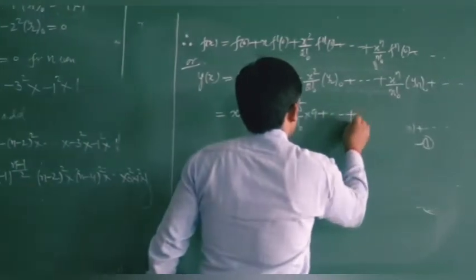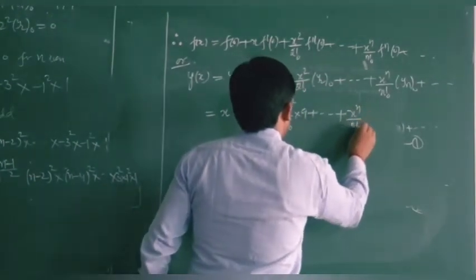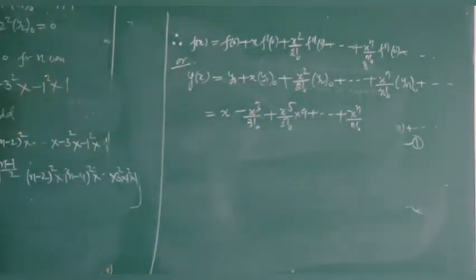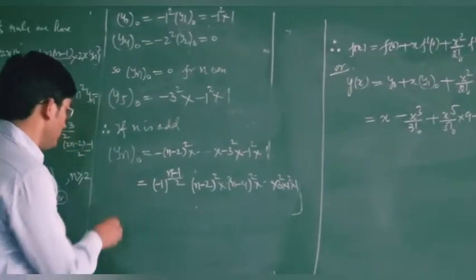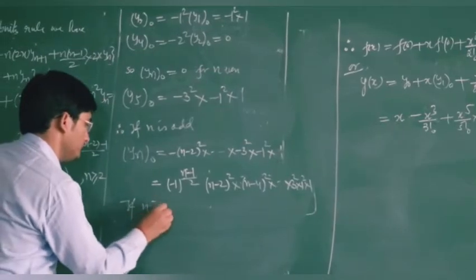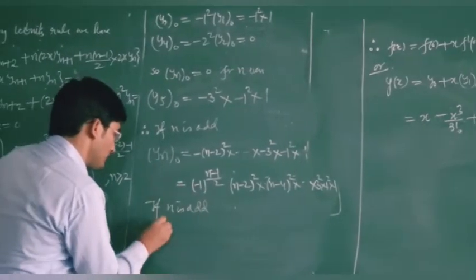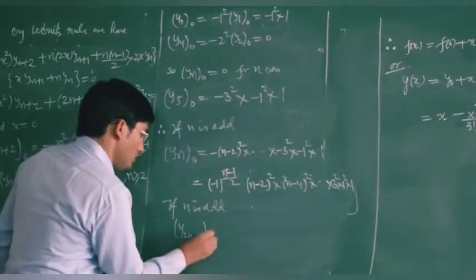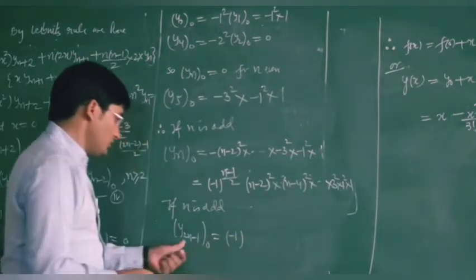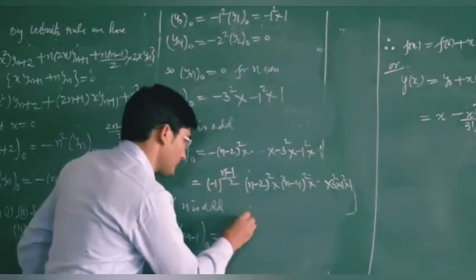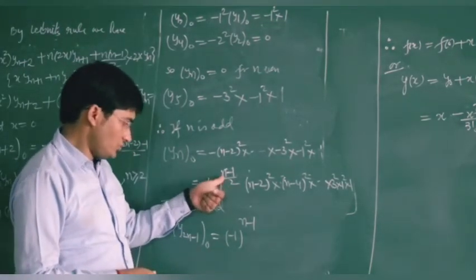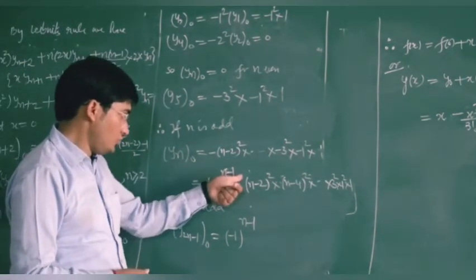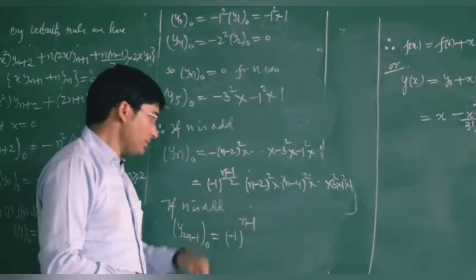Then the general term is x power n upon factorial n, then yn(0) when n is odd. If n is odd, then we can write it as y(2n minus 1)(0). Now, if n is 2n minus 1, then this will be your n. So (2n minus 2) divided by 2 gives n minus 1.